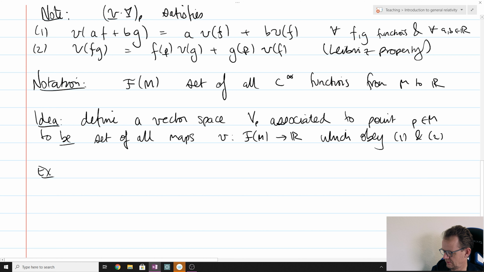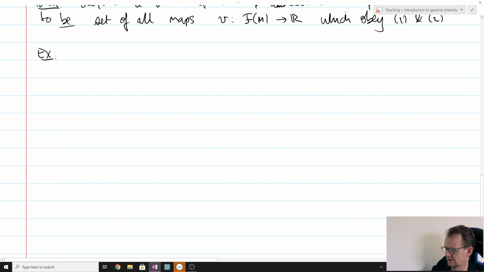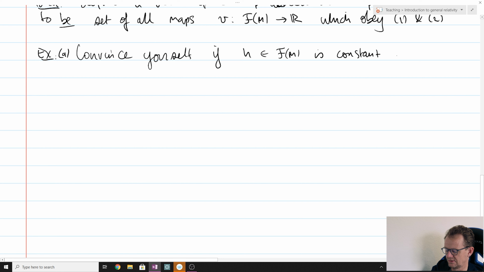There's a little exercise to get you used to these kinds of things, and the exercise is to prove, or to convince yourself, that, so this exercise has a couple of parts. A, convince yourself that if h is constant, then v(h) is 0, and you're only allowed to use properties 1 and 2.